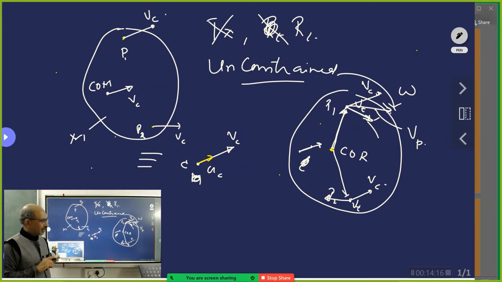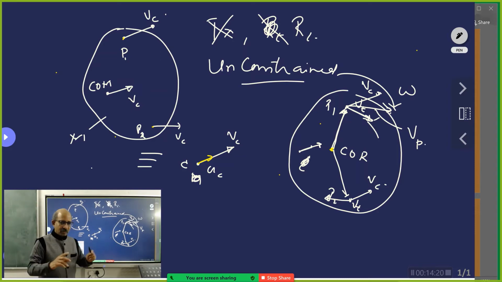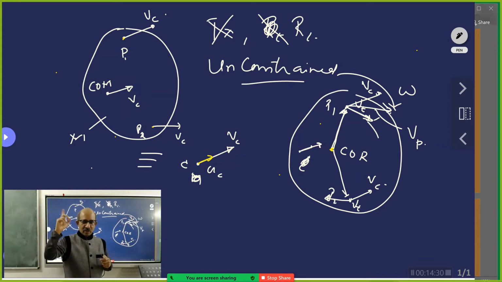Now the other aspect that I want to tell is, if you see a body rotating and translating in free space, just like Vishnu, there is a god called Vishnu and his Sudarshana Chakra. It keeps moving like this. So now it is like a free body.